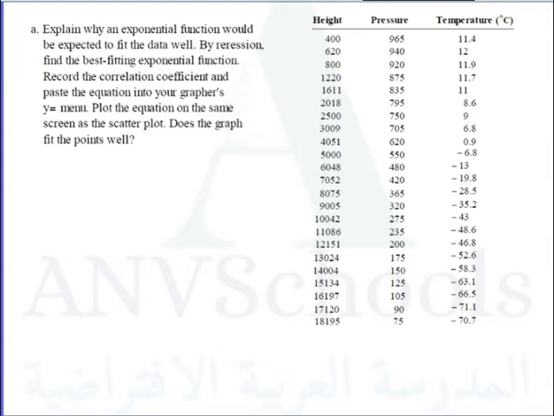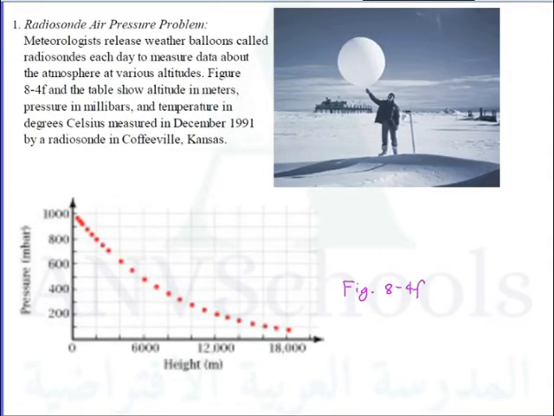Height of 400. What is the height in? It doesn't say here, so it's in meters. The height is in meters, and pressure is in millibars.